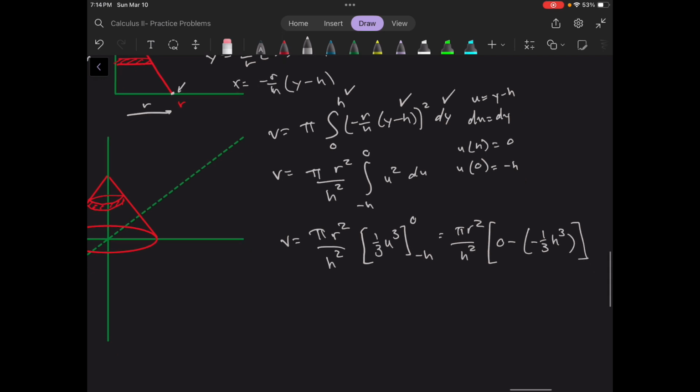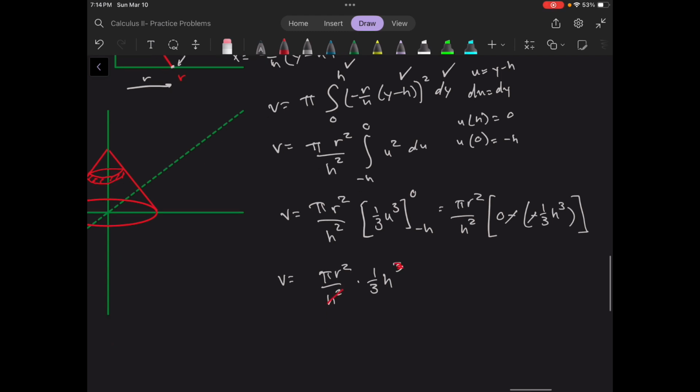So finally, volume equals, we have that pi r squared over h squared times this negative and negative cancel, and we're left with just 1/3 h cubed. H squared on the bottom cancels the cube on top, and now you just have volume equals 1/3 h pi r squared.